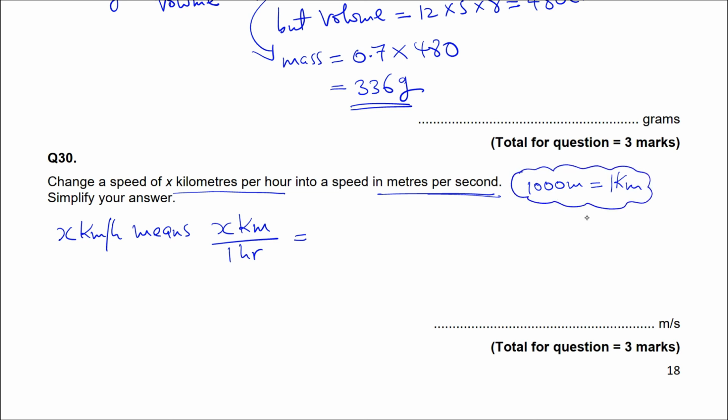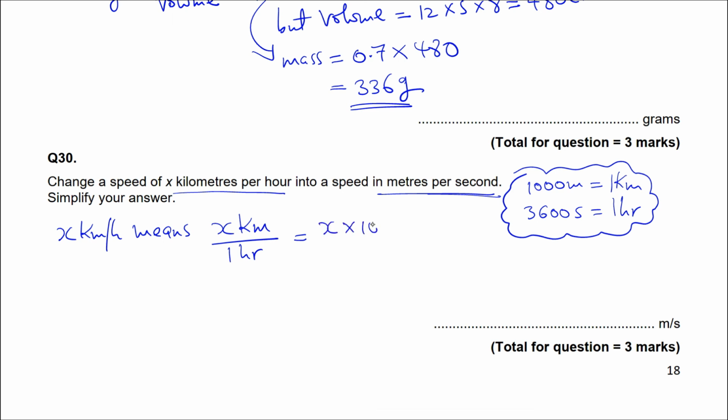And also another conversion that we need, because we need to convert the hour, is that there are 3,600 seconds in 1 hour. So that's another conversion that we shall need to remember to be able to work this out. So x kilometers will be equal to x multiplied by 1,000 to convert that into meters, over 3,600 seconds.